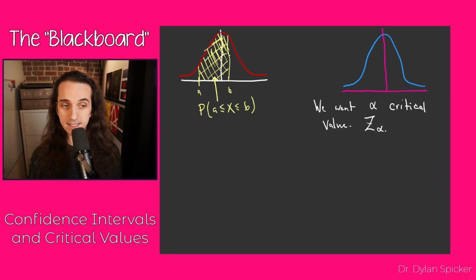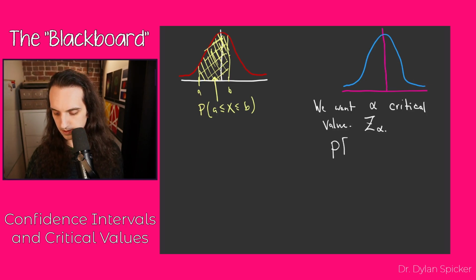And so z of alpha is going to be the value such that the probability that x is less than or equal to z alpha is equal to alpha. That's the probability that we're actually looking for.